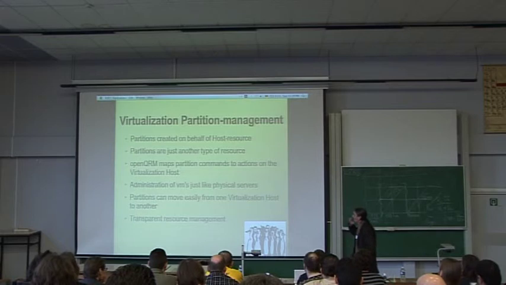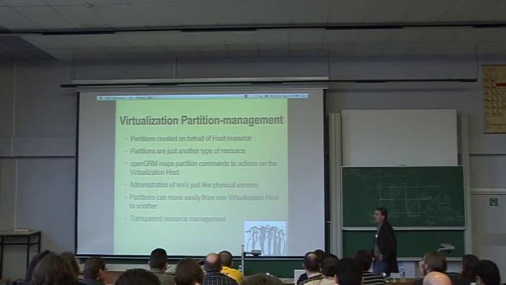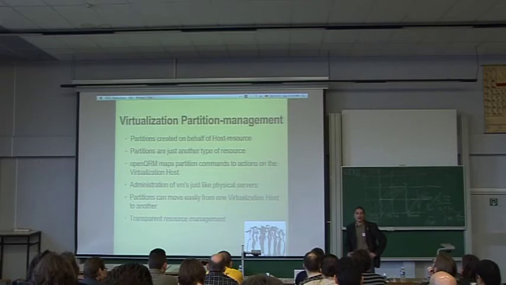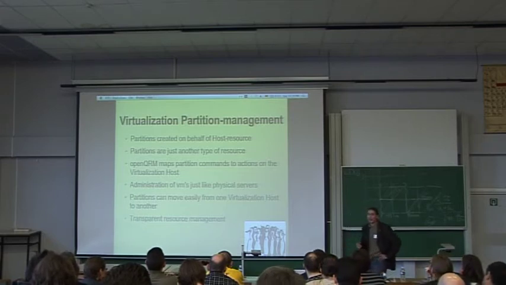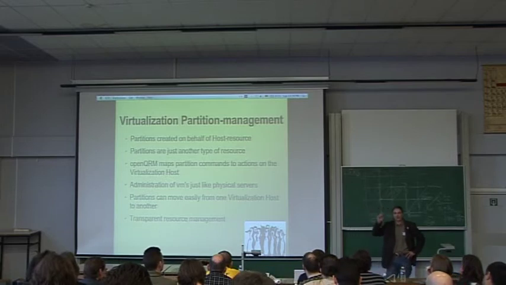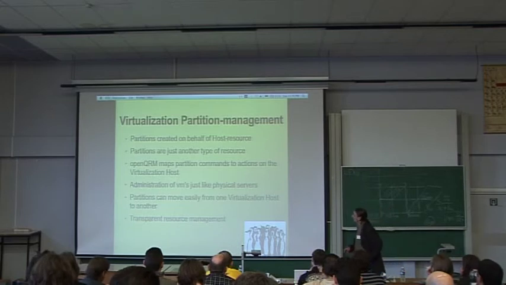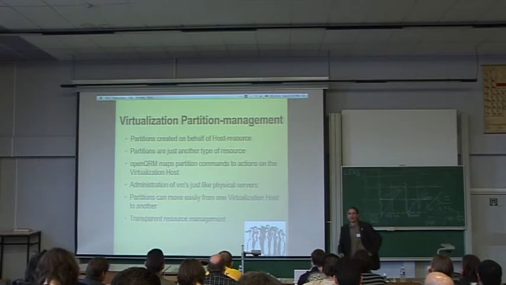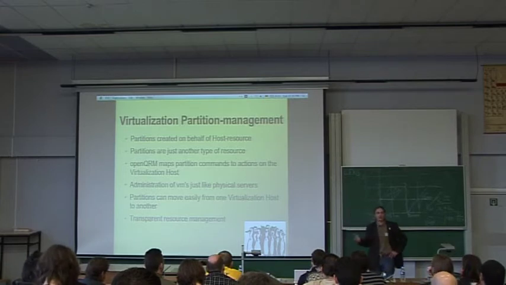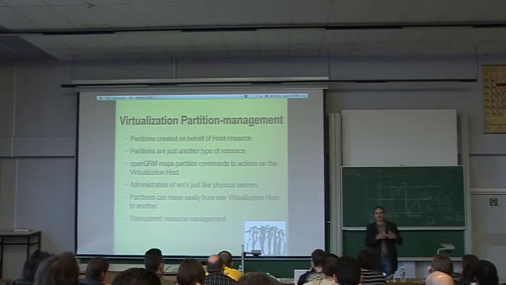The administration itself, because of this net booting abstraction layer, is just like with physical servers. You create some new partitions, and they will appear in openqrm as free available resources, which can then be used to deploy your server images on. So the virtual machines can very easily move from one virtualization type to another, because the server image itself is disconnected from the virtualization technology.